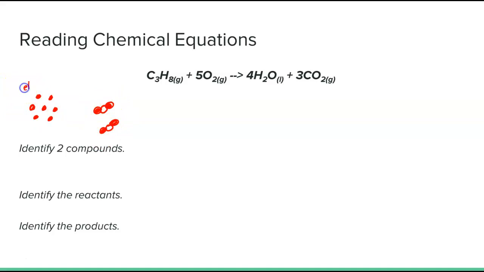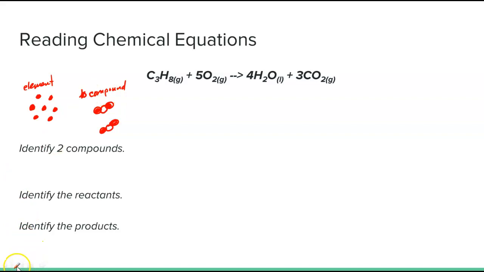So this is an element because we have the same type of atom. They are not bonded. And this one is a compound because we have two or more different types of atoms, and they are attached to each other.